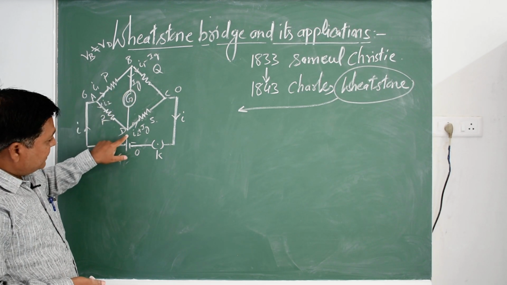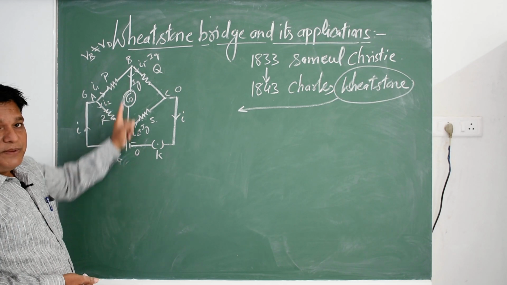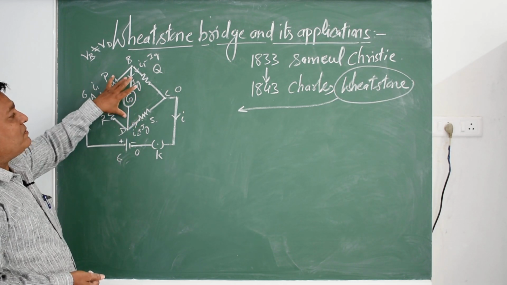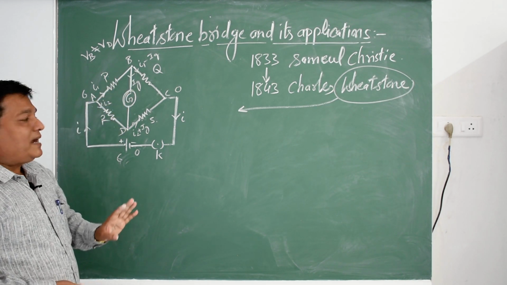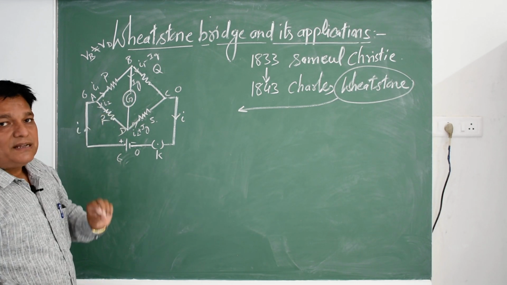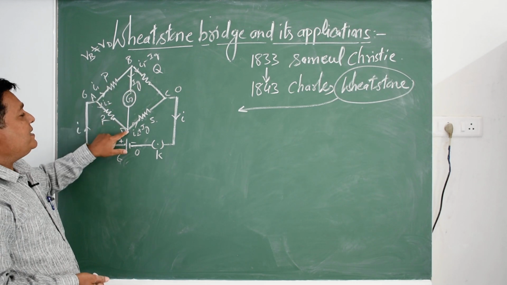If VD is greater than VB, then the IG current will flow in the direction D to B. In this condition the current passes through the galvanometer, and this condition is said to be the unbalanced condition, whenever there is a potential difference created at terminals B and D.